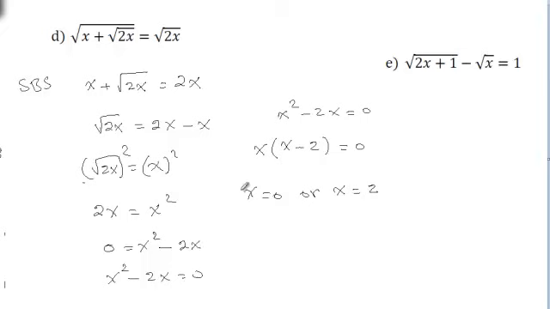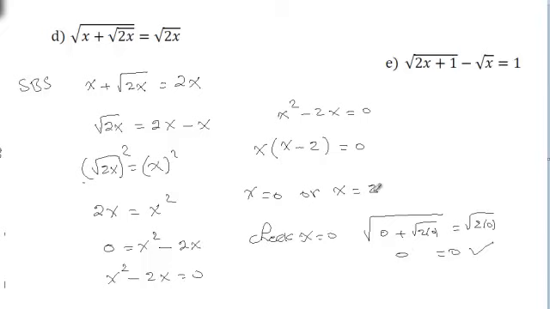If we check 0 first, check x equal to 0. Let's replace 0 instead of x. You get radical 0 plus radical 2 times 0 is equal to radical 2 times 0. So 2 times 0 is 0. Radical 0 is 0, plus 0, 0. So 0 is equal to 0, which is true.